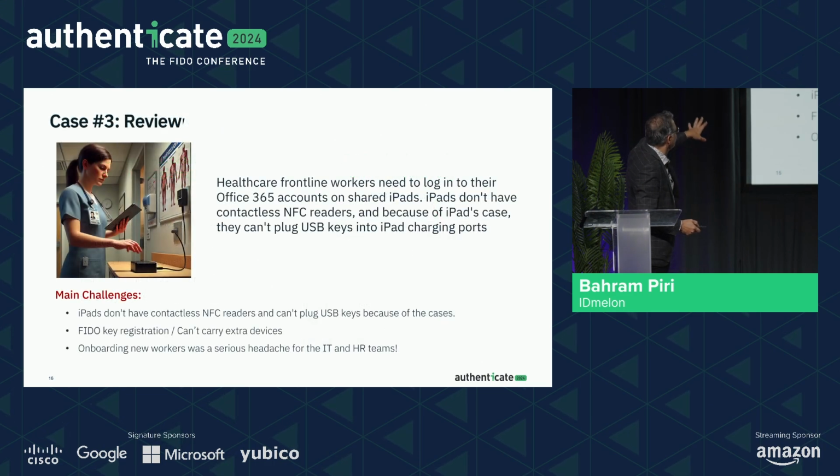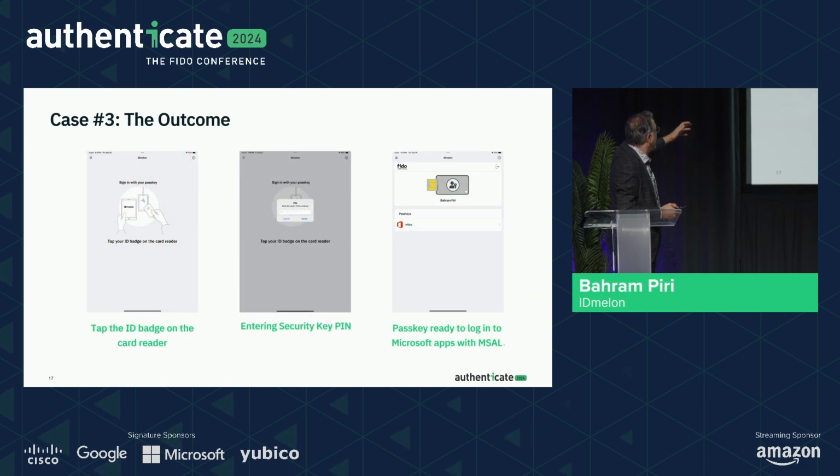The third use case is the shared iPad. How can they use the shared iPad with the card, the badge ID they have? We provide them a reader. You can see in this story there is a hardware card reader on the table. And we have IDmelon Authenticator on any iPad, in shared mode.